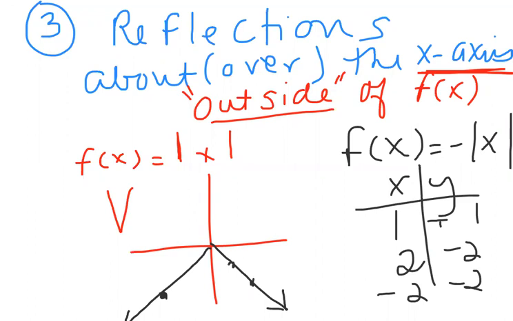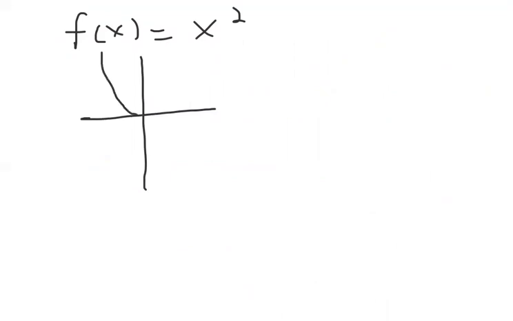Let me do it with a couple more, and then I will move on to the one about the y-axis, okay? Now guys, on the quadratic one, f of x equals x squared. If I graph this one, because it's a positive x squared function, when I graph it, it's going to look like this. However, if I wanted to reflect it over the x-axis, this is what the function would look like.